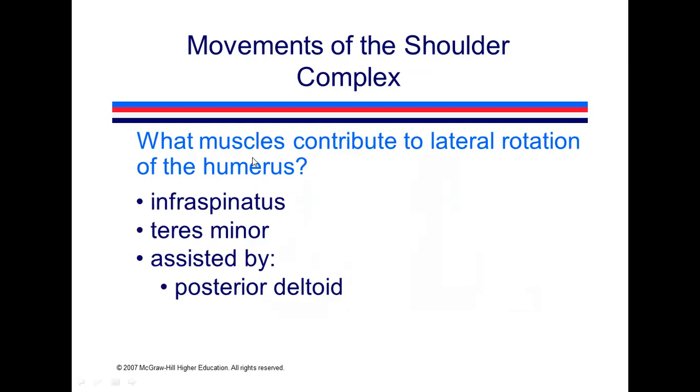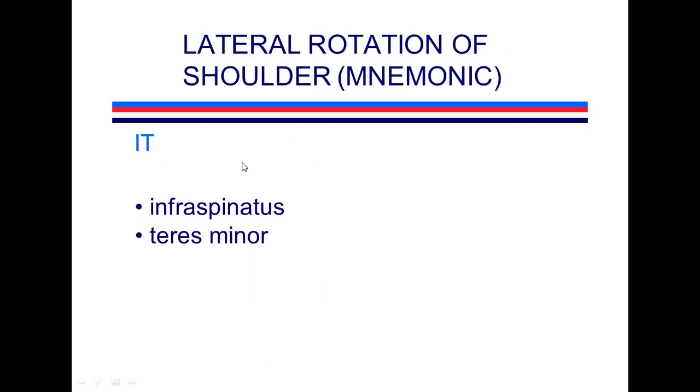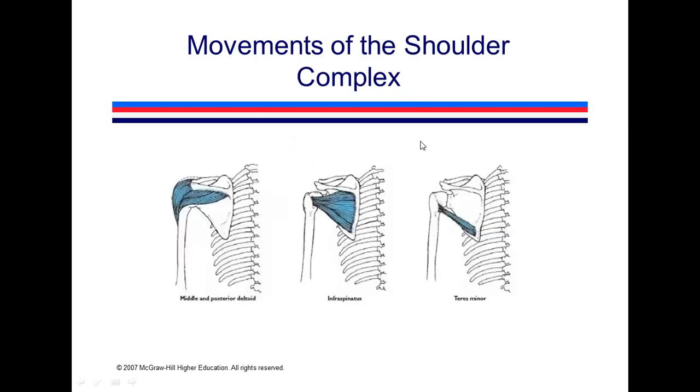Okay, the muscles that are involved in the lateral rotation of humerus are infraspinatus and teres minor. And you remember it with the mnemonic IT, infraspinatus and teres minor. And the muscles are this deltoid, you can see here, infraspinatus and teres minor.